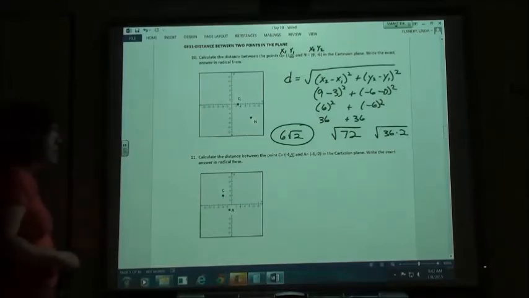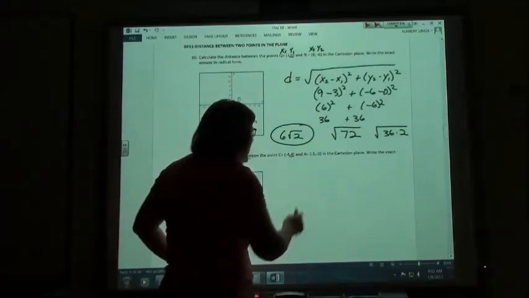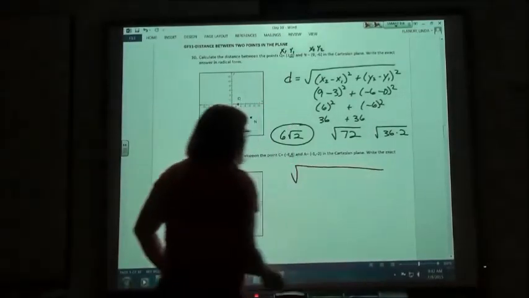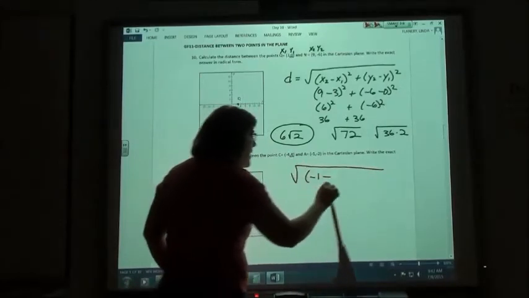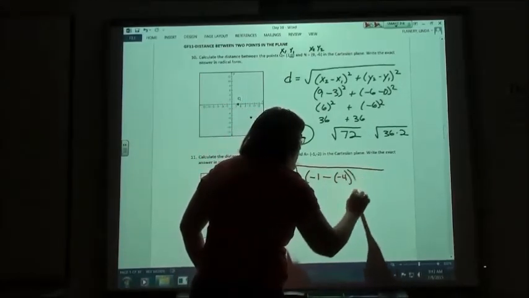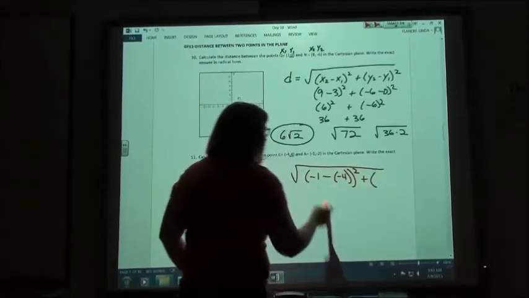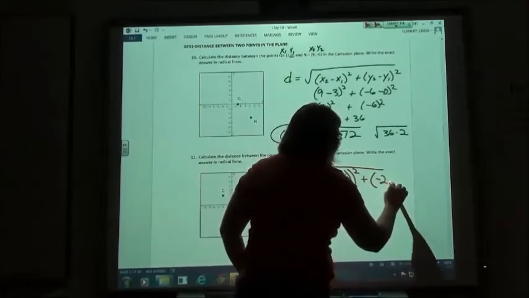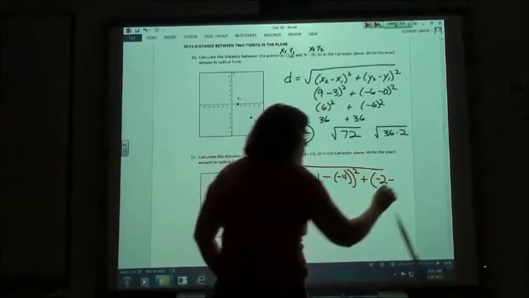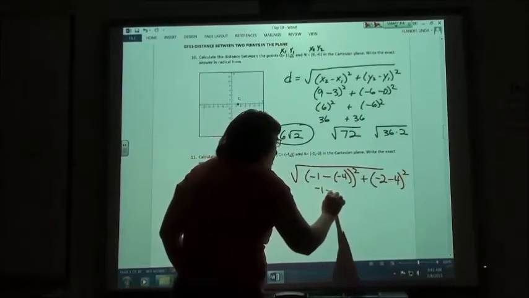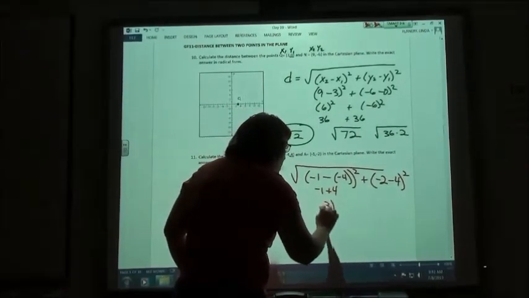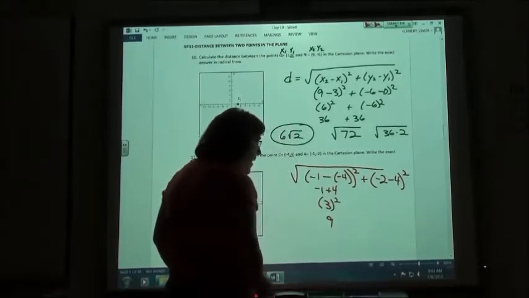So number 11, same thing. I'm going to calculate the distance between my 2 points. I'm going to take my x2, which is negative 1, minus my x1, which is negative 4, squared, and then my y2, which is negative 2, minus my y1, which is 4, squared. So negative 1 plus 4 would give me 3. 3 squared is 9.